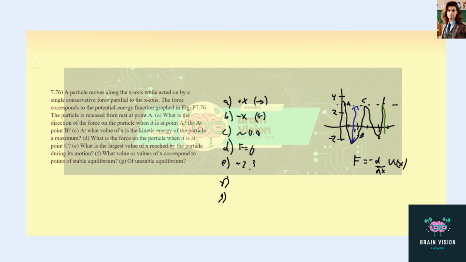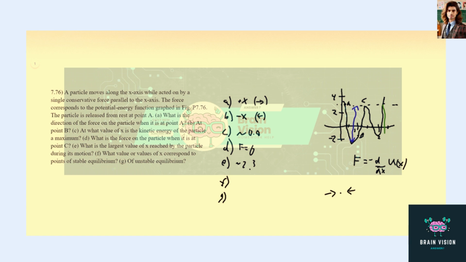F: what value or values of x correspond to points of stable equilibrium? Stable equilibrium means that we have forces on both sides of a point such that if the particle moves left, it will be forced back, and if the particle moves right, it will be forced back.